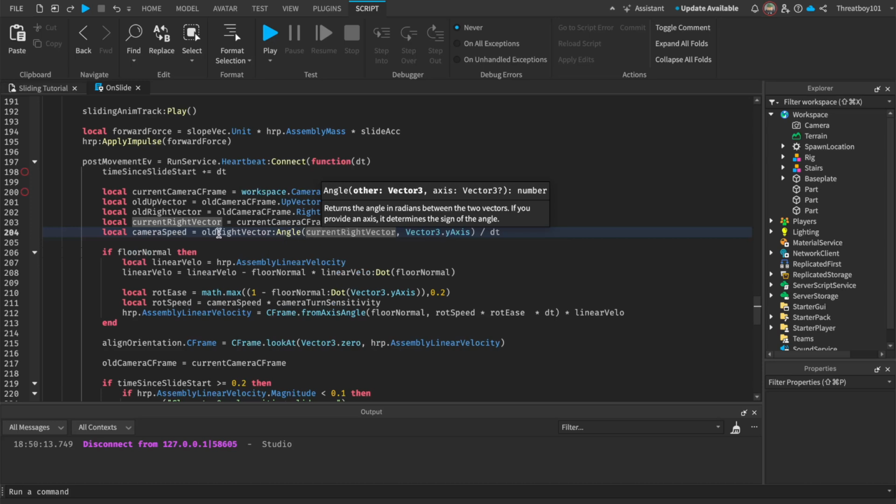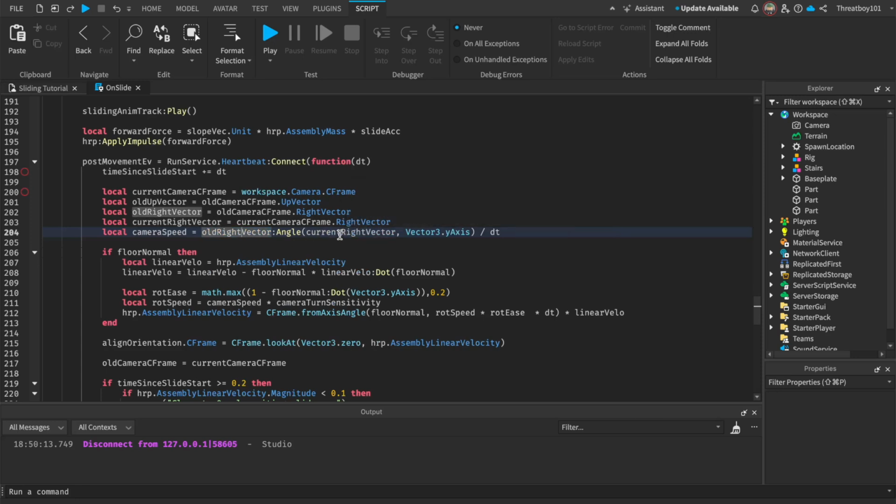So when we switch the order of these vectors, the sign changes. So anyways, when you do a cross product between two vectors, it gives you back another vector that is perpendicular to those two, right? So it's perpendicular to the plane that those two vectors lie on.